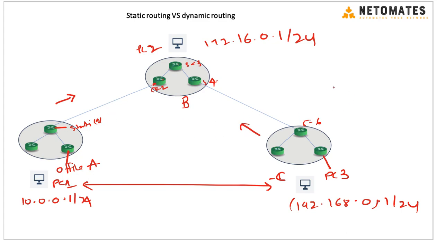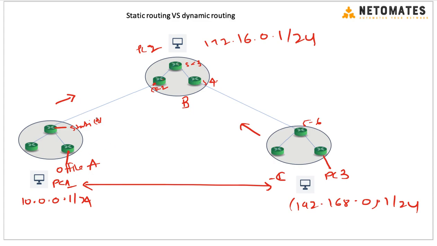If you have 2 or 3 routers, it is easy to implement static routing because you only have 2 to 3 routers to update. But in bigger topologies like this, it is not easy to manage routing with static routes. It will be very difficult.